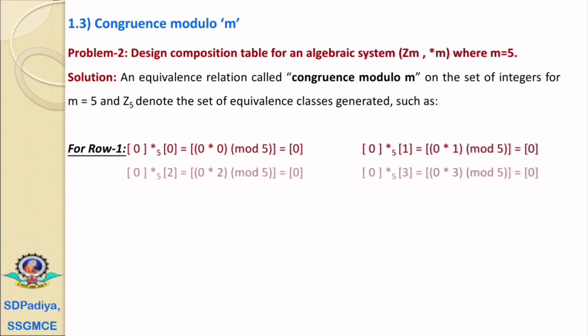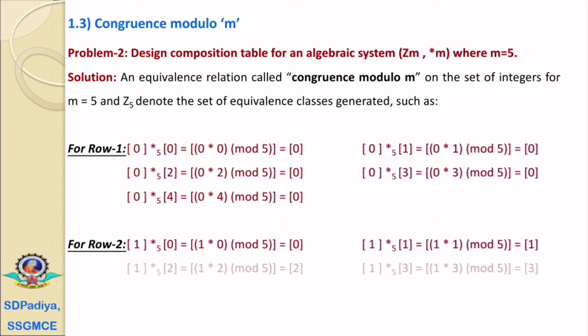Similarly for the remaining, class 0 into class 2, that is 0 into 2, 0, that's why finally it is 0. Class 0 into class 3, then it is 0, and class 0 into class 4, that is 0. For the multiplication operation, if we perform the multiplication of any number with 0, then it will be 0.